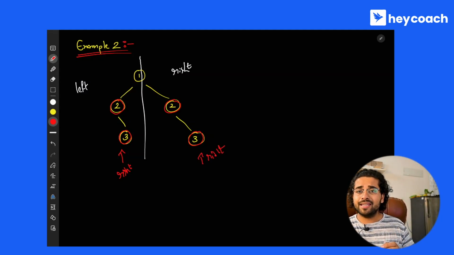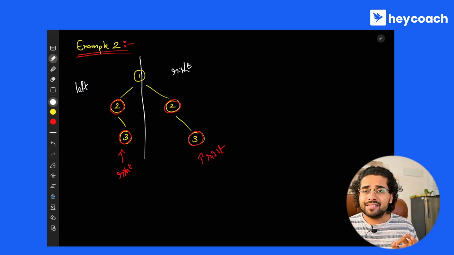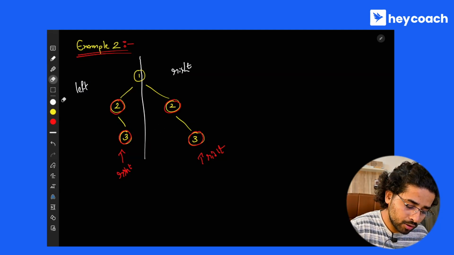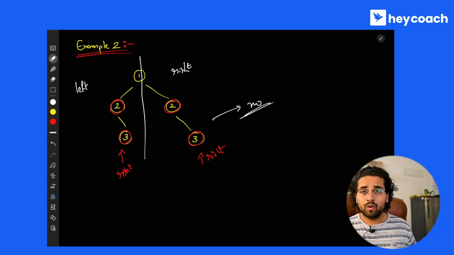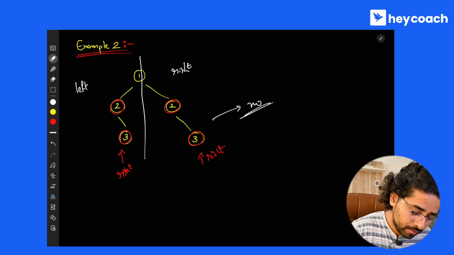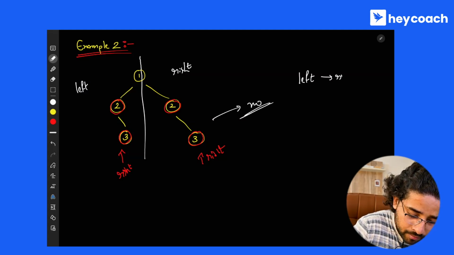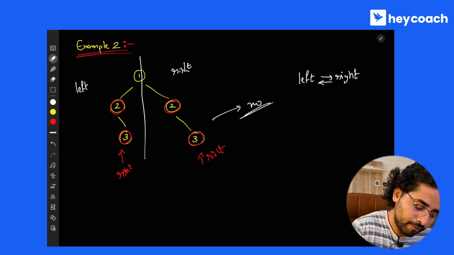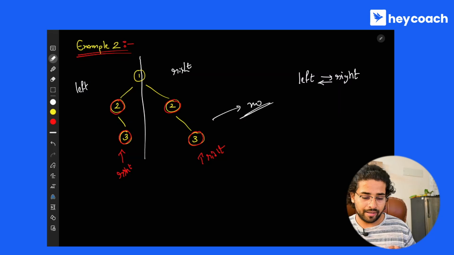We can say that it would be symmetric if this 3 came here, but it is not here, so this is not a symmetric tree. Hope you understand. Or we can say that left comes towards right and right comes toward left.